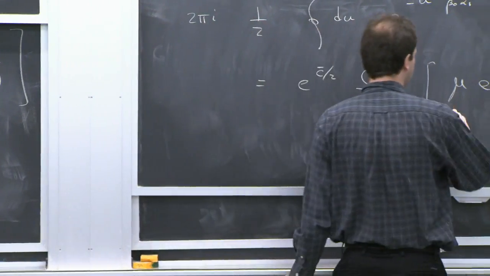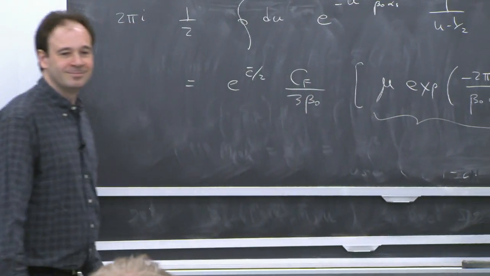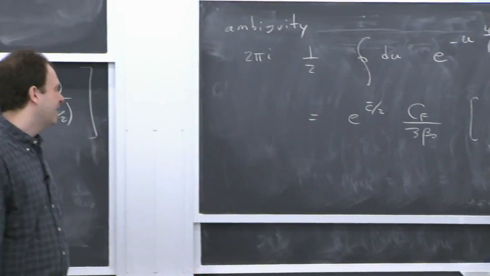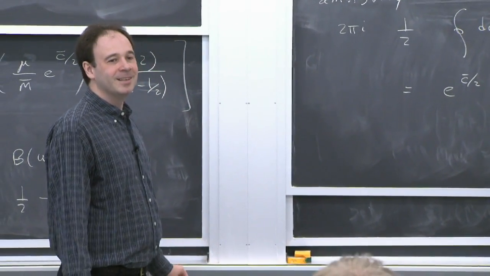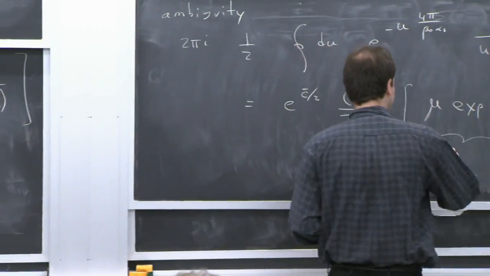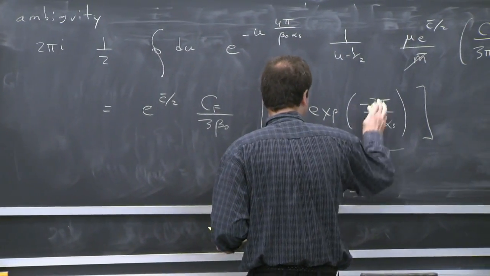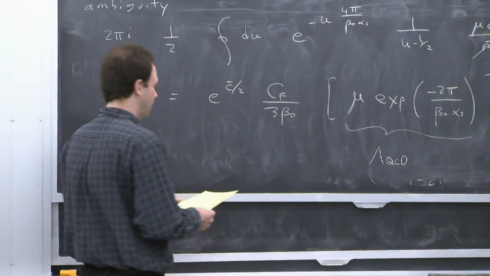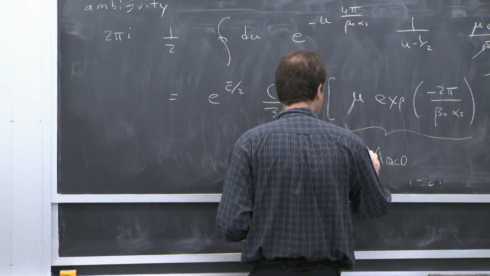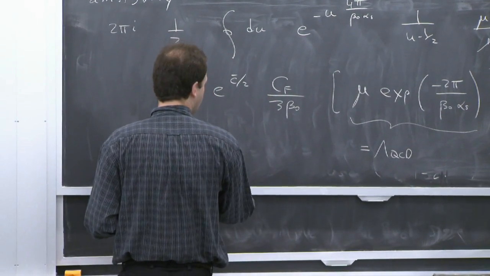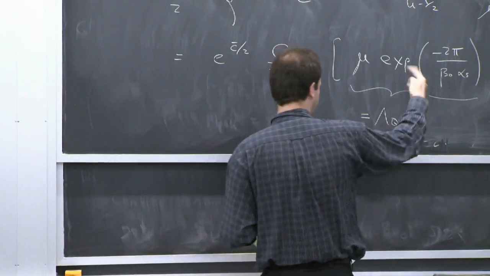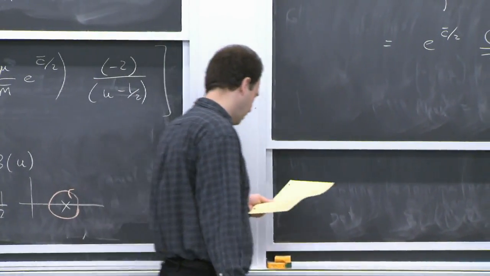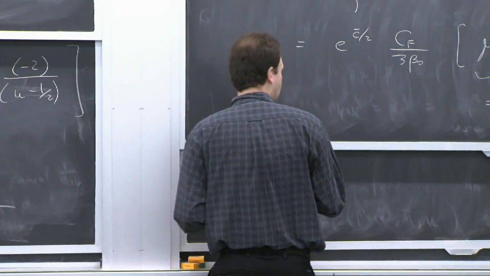Does anybody recognize this? It's like an instanton. It's Lambda QCD, yeah. It looks kind of like an instanton with the exponential, but this particular thing is actually exactly Lambda QCD. So if we solve this and we invert it and we solve for alpha s, that would be the usual formula for Lambda QCD, alpha in terms of Lambda QCD.